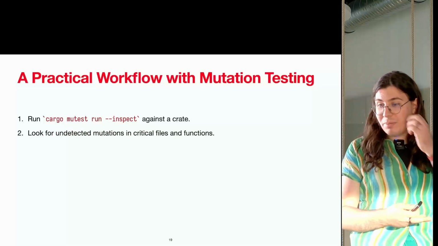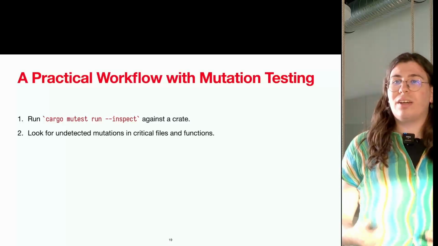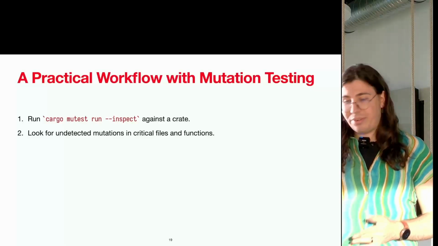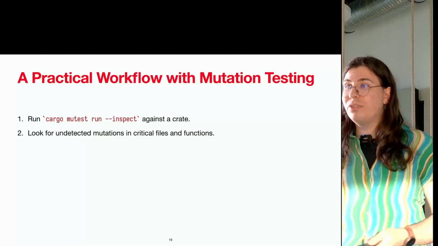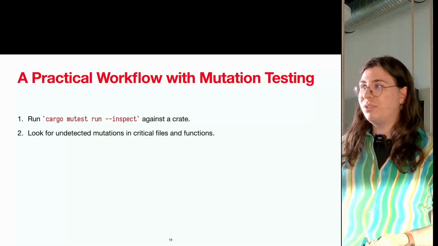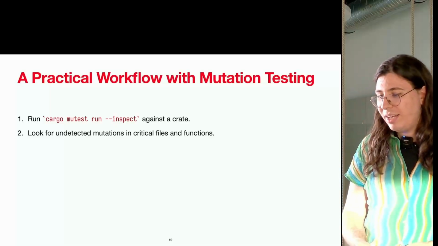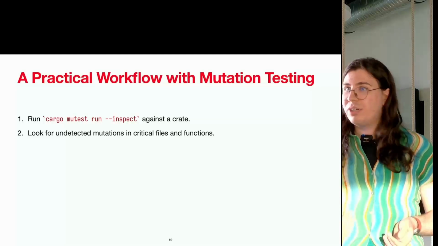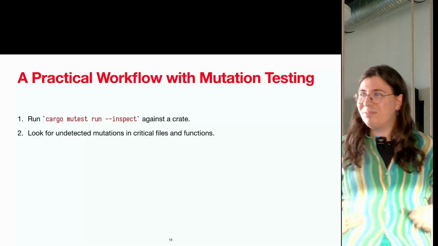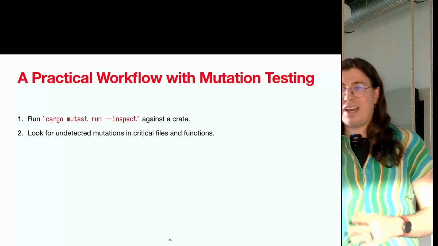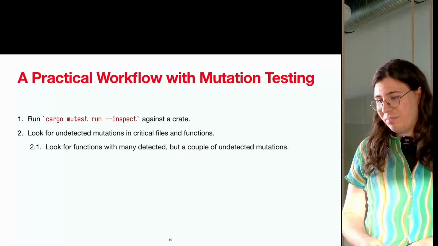So the first step, of course, is to just run mutation testing. And then, of course, you get a lot of results all at once for your entire program. But first, you should be focusing on the undetected mutations, so those cases where your tests were not actually able to differentiate. They were not able to tell that we've introduced all these bugs. And you want to look at critical files, critical functions. Of course, you know your code base best. And with every single project, some parts of the code base are more important than others overall.